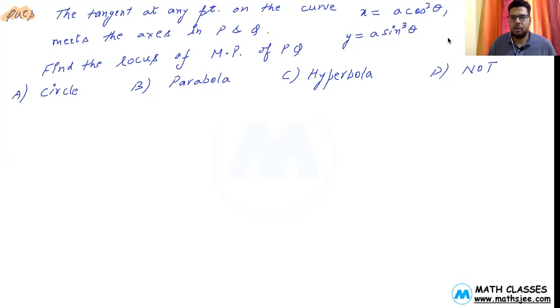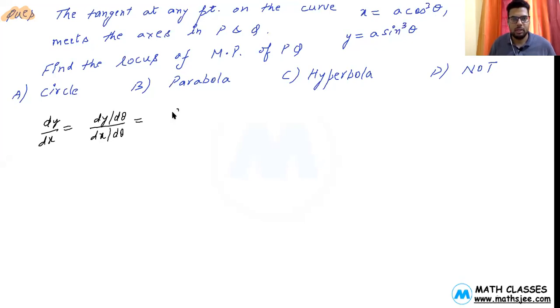First of all, we know how to find the derivative when this is given in parametric form. dy/dx is dy by d theta divided by dx by d theta. I'll differentiate both of them with respect to theta.